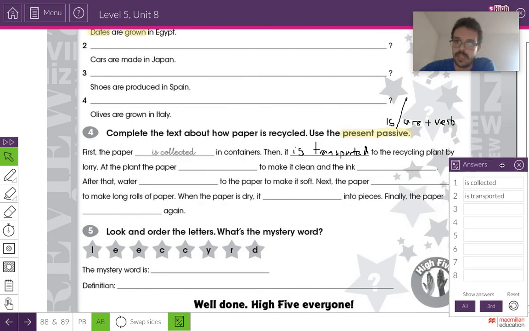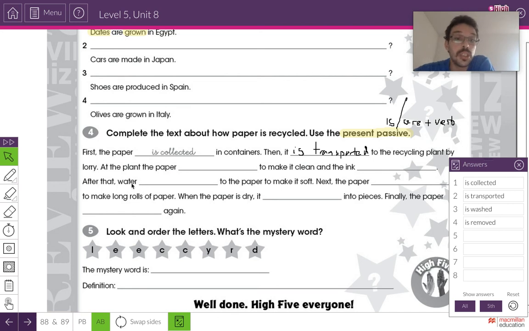At the plant, the paper is washed to make it clean, and the ink, la tinta, the ink, is removed. Remember that? The ink is removed.